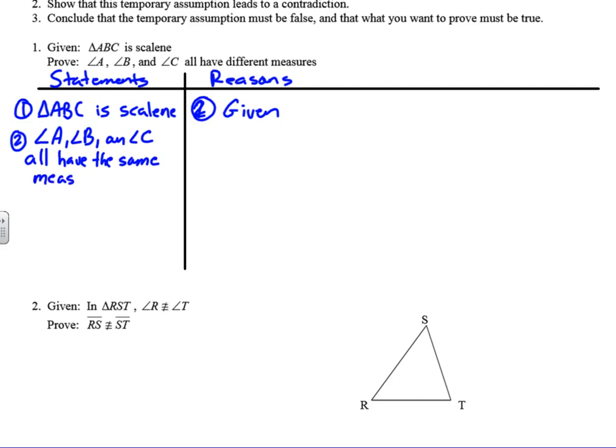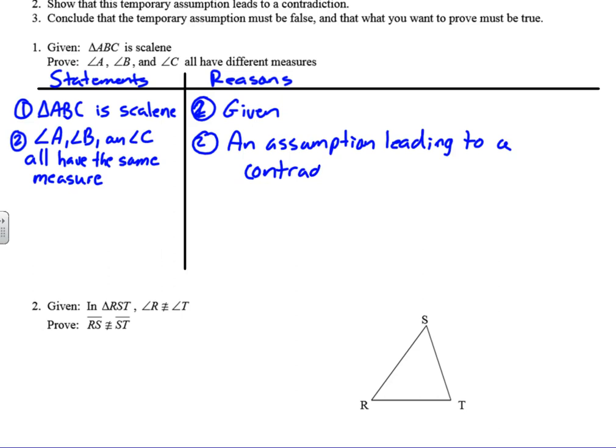So that's the opposite. And so this is an assumption leading to a contradiction.